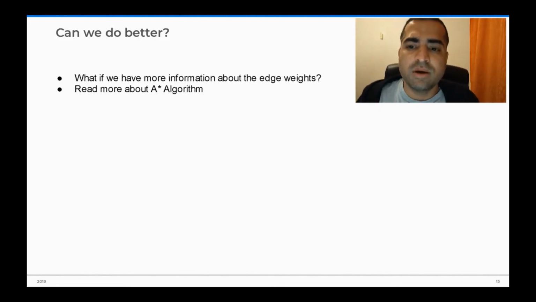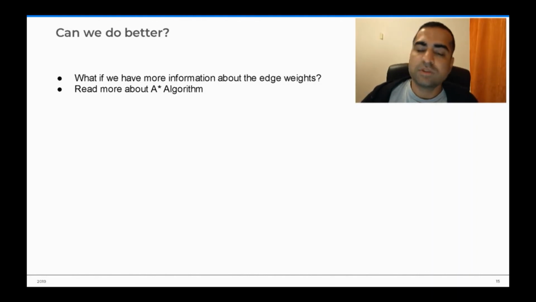Also, what about when we have more information in the graph? For instance, suppose in India we are driving on the left side, so we would like to penalize the right turn. Or we are in the US or Europe, where we drive on the right side and we want to penalize the left turn. Can we do that in the Dijkstra algorithm?